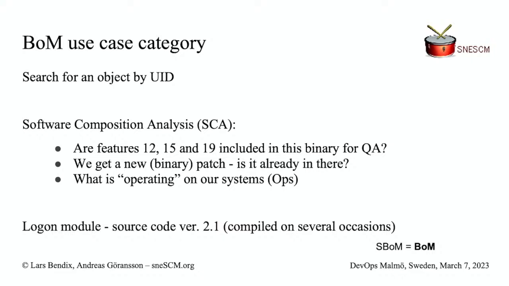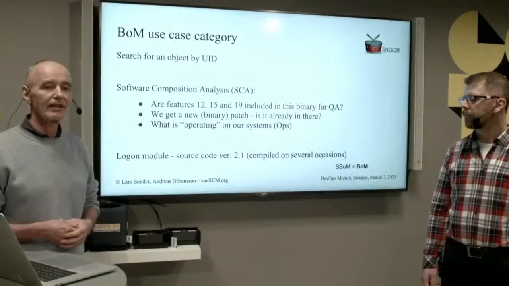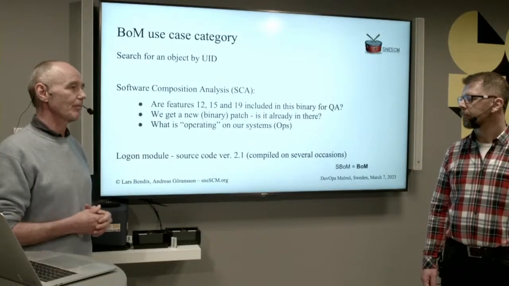We interviewed some people who were doing software composition analysis, so they had to scrutinize the potential delivery that they had gotten, to see whether features 12, 15, and 19 were actually included in that binary.